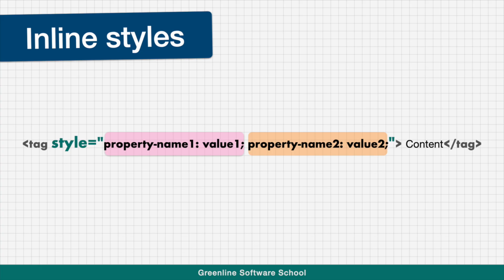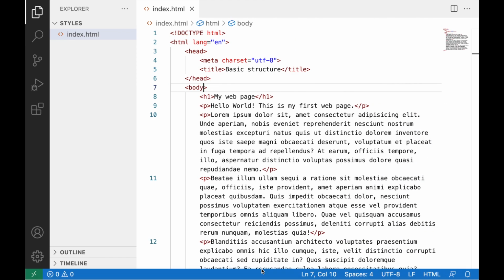Let's insert inline styles into the web page. Add the style attribute to the body tag. Next, set the background color for the element.